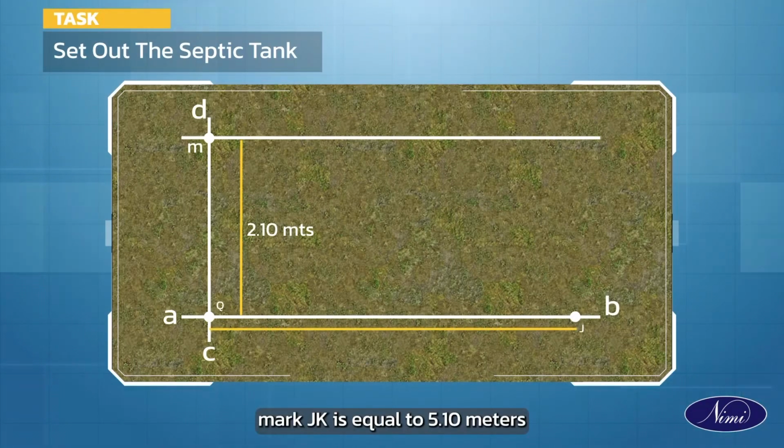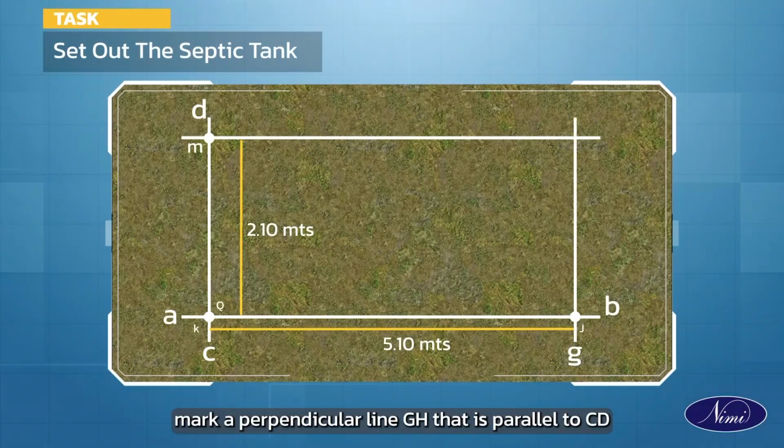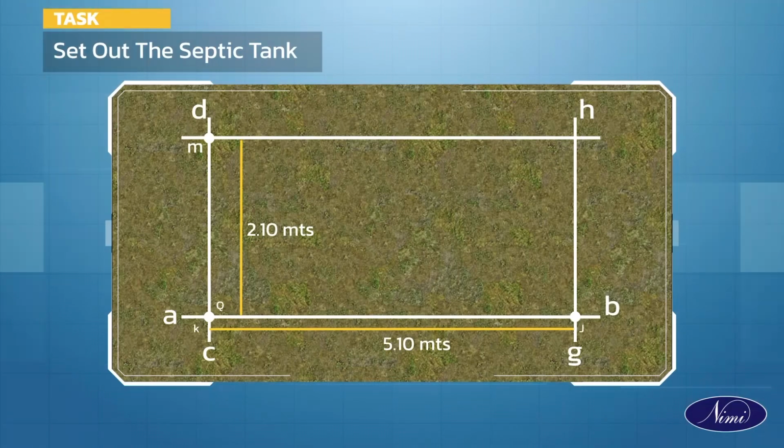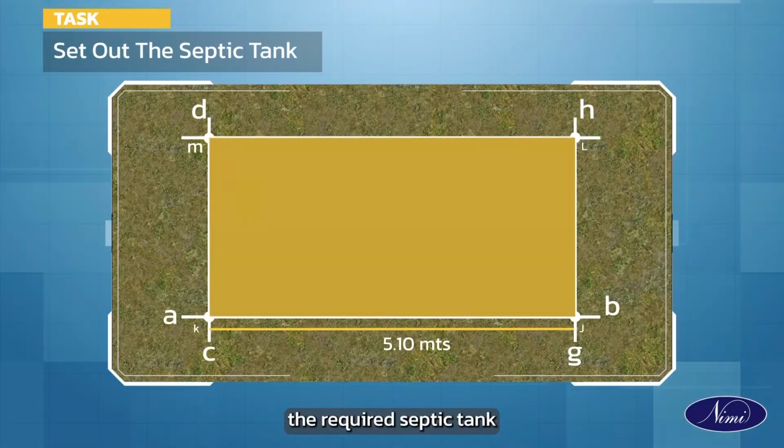Mark JK equal to 5.10 meters. Mark a perpendicular line GH that is parallel to CD. Joining JKLM gives us the required septic tank.